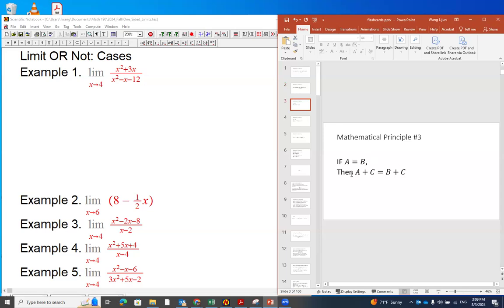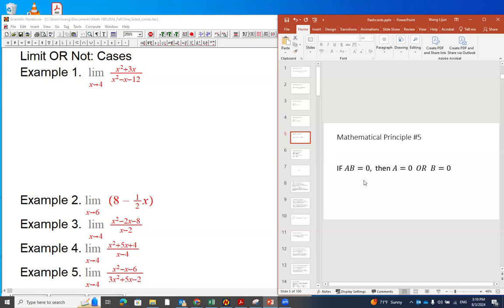The third is that if A is the same as B, then A plus C is the same as B plus C. Number 4, if A is the same as B, then A multiplied by C is the same as B multiplied by C, provided that C is not 0. It's a very important condition.